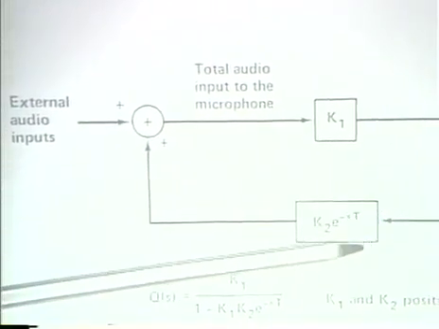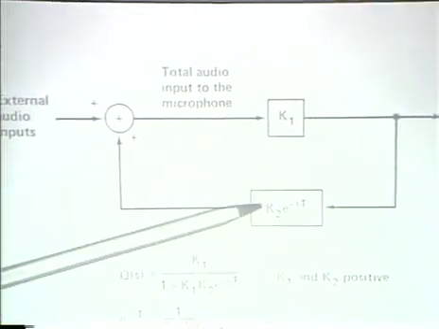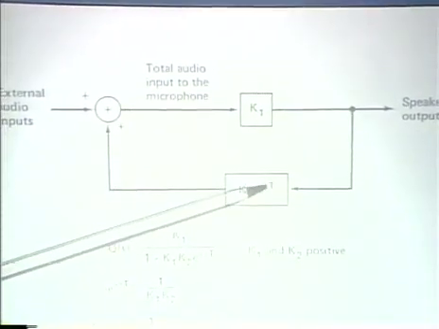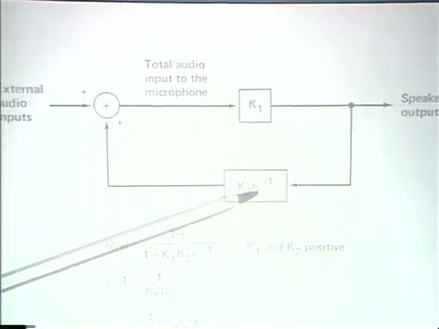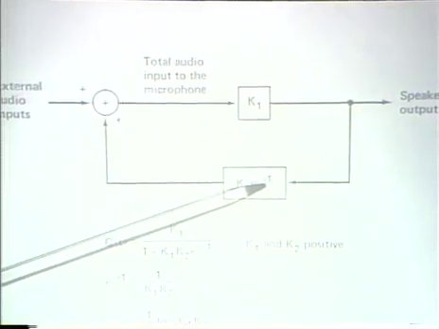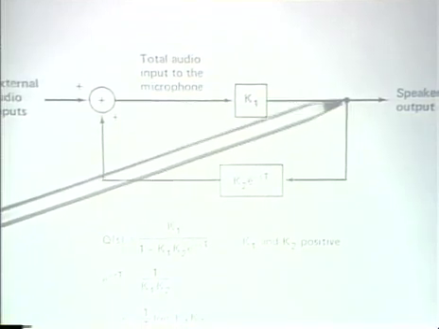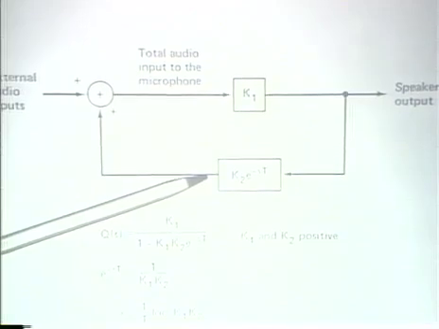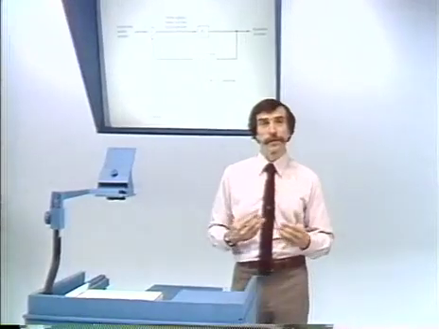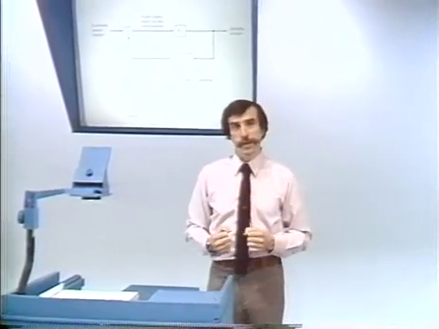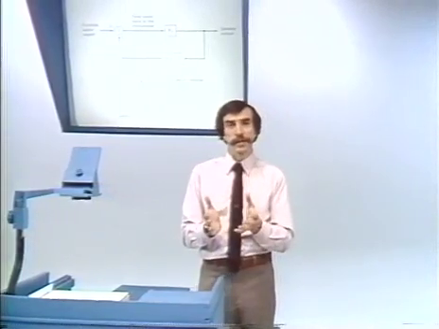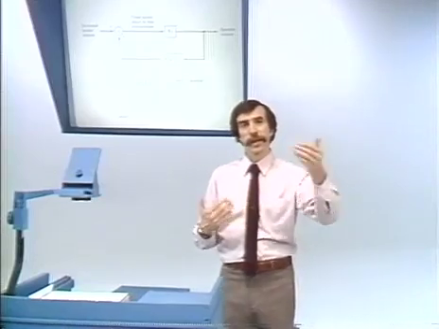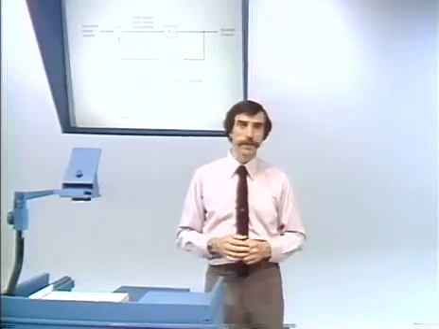Now, the system function associated with the feedback I indicate here as a constant times e to the minus sT. The e to the minus sT represents the fact that there is, in general, some time delay between the speaker output and the input that it generates to the microphone. The reason for that delay, of course, being that there may be some distance between the speaker and the microphone. And then the constant K2 that I have in the feedback path represents the fact that between the speaker and the microphone, there may be some attenuation.